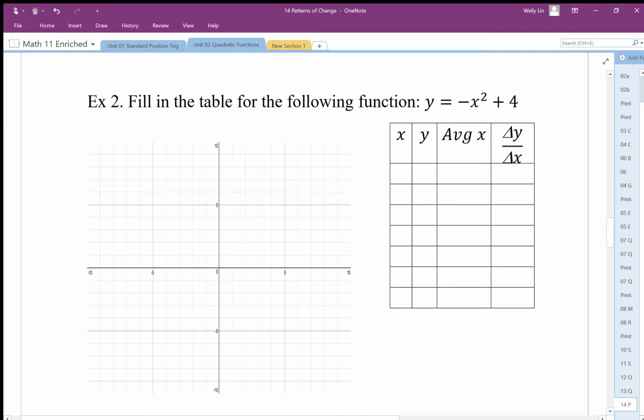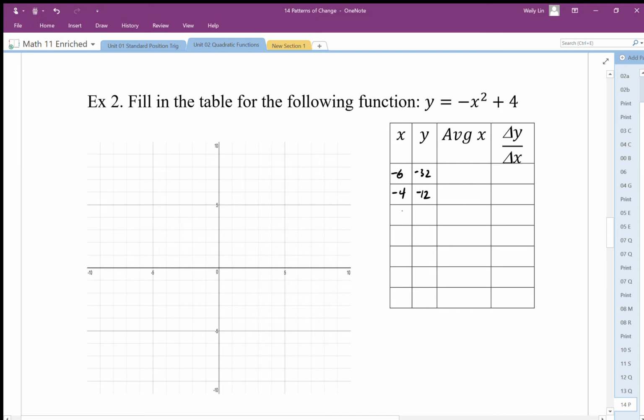Okay, so let's start here at maybe negative 6. Negative 6 squared, negative, plus 4 is going to be negative 32. We'll go up by 2's. So negative 4 squared, negative, is negative 16 plus 4 is negative 12.